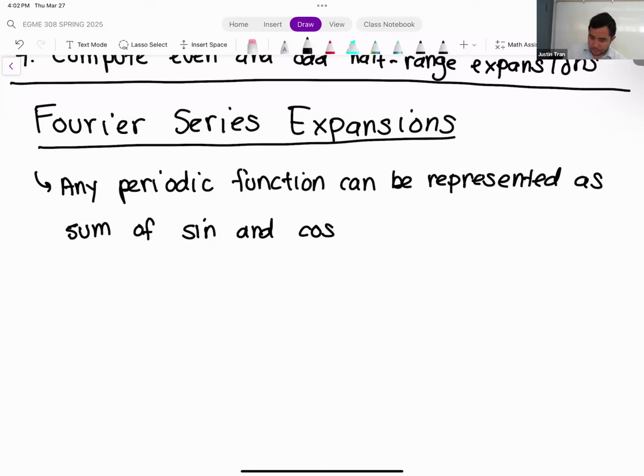Sine and cosine are kind of our building blocks. They are naturally periodic functions, so they repeat their pattern over and over again. If you add up sine and cosine functions with different frequencies, then you can reproduce any periodic function.